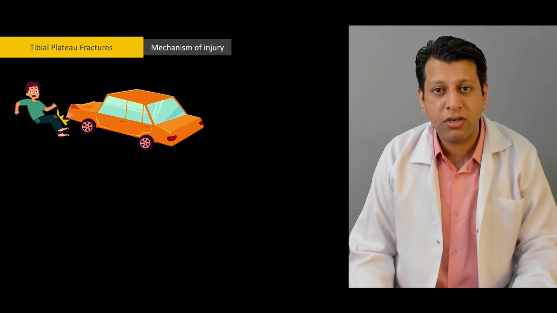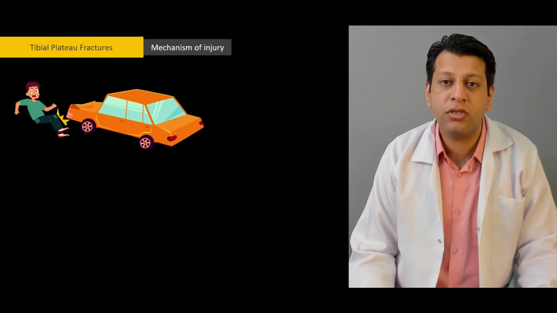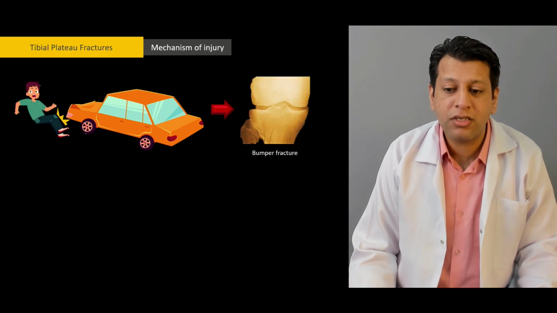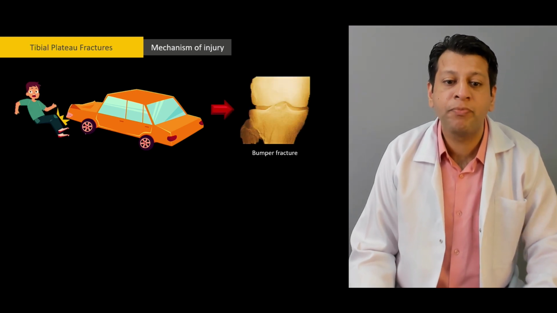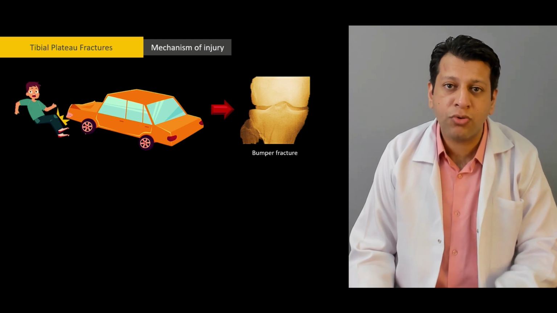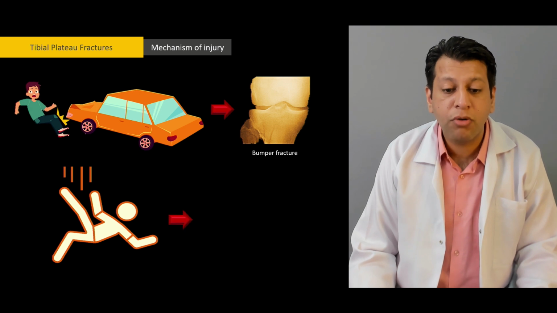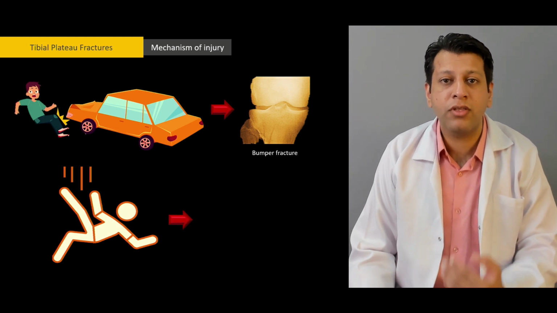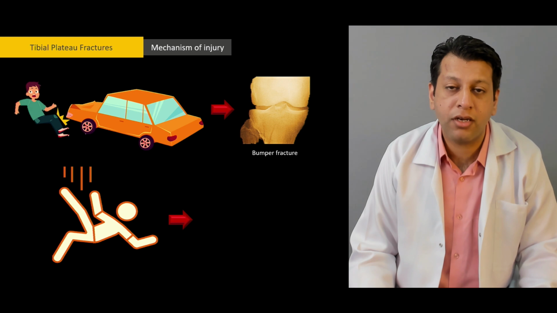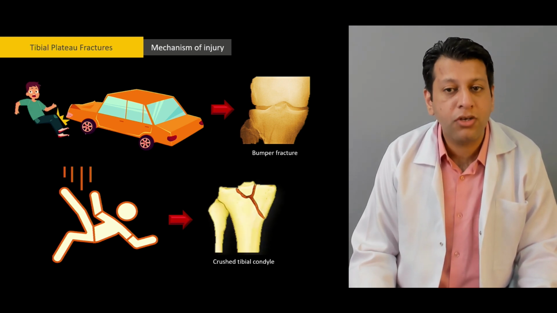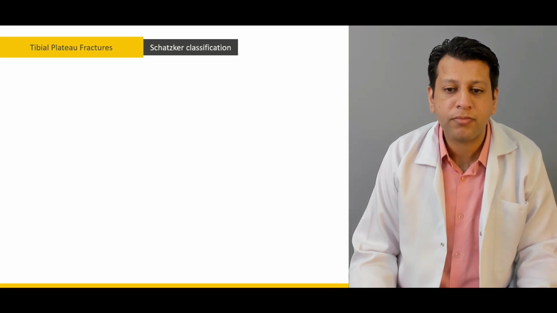So whenever there's an anterior impact, most of the energy is absorbed by the bone, leading to these kinds of fractures. Classically, it is termed a bumper fracture, especially when a car hits a pedestrian crossing the road. Or it could be due to a fall where the main impact is on the anterior aspect of the knee, leading to crushed tibial condyles as well.